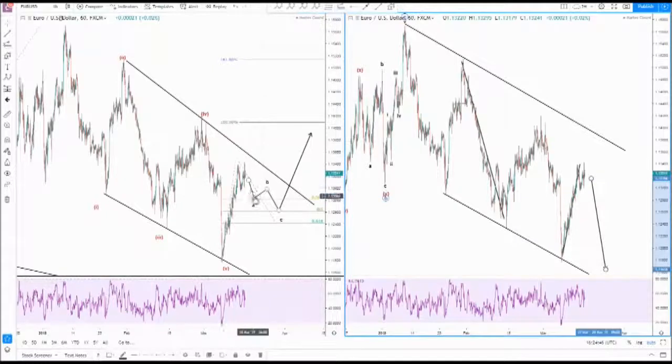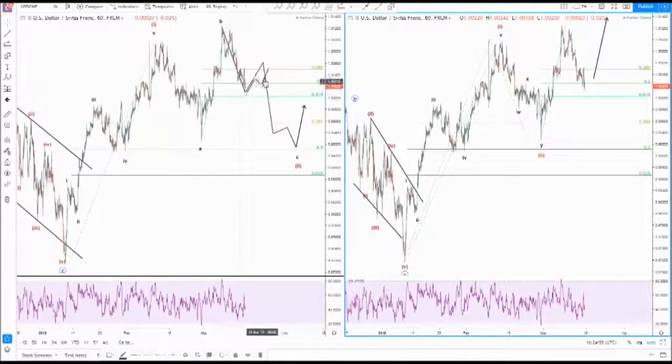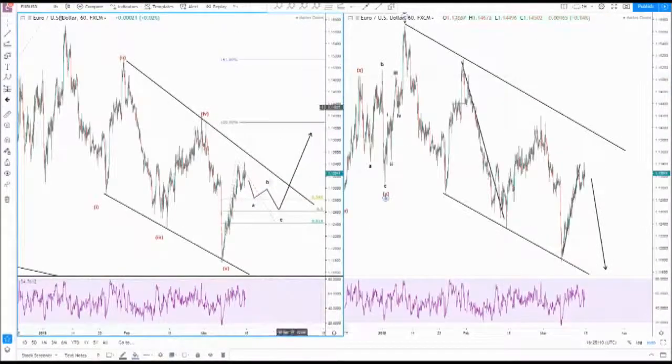If the euro does three waves and they're small, and the dollar Swiss does the same thing and has three small waves up, we take the very small amount of profit we'll have made, we want to take that off the table, and we can either flip short in the dollar Swiss and get rid of this count, or we can take our long in the euro, with stops at the lows.